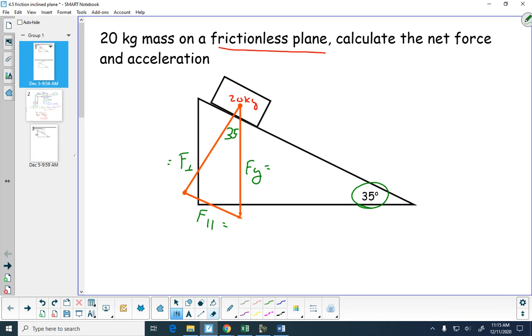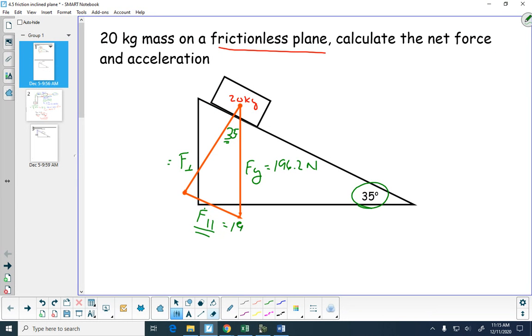Lucas, what's our force of gravity? 196.2. Okay, that's our force of gravity. Our force parallel, when we deal with force parallel, Dylan, are we using sine or cosine? Cosine? Cosine for force parallel. Here's my 35 degrees. Sine?